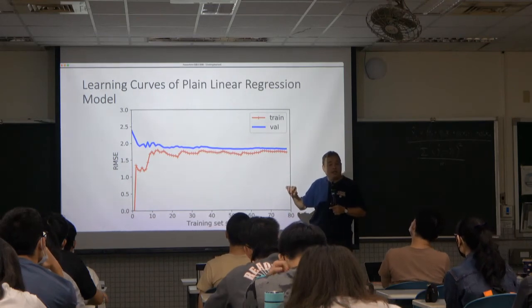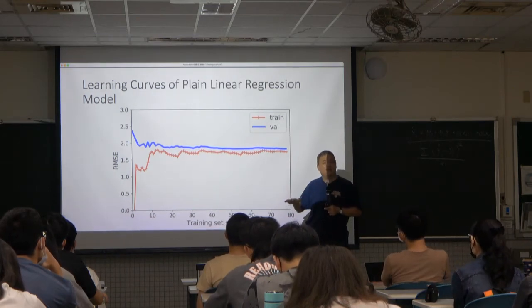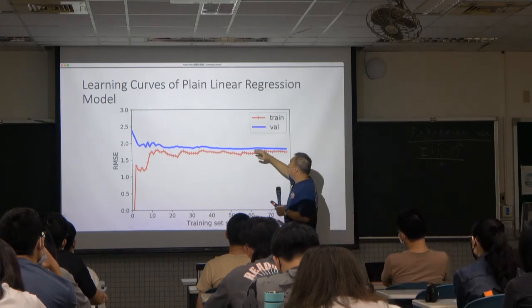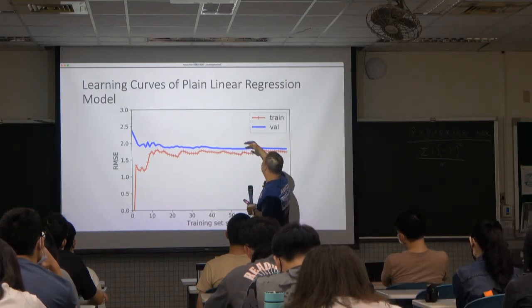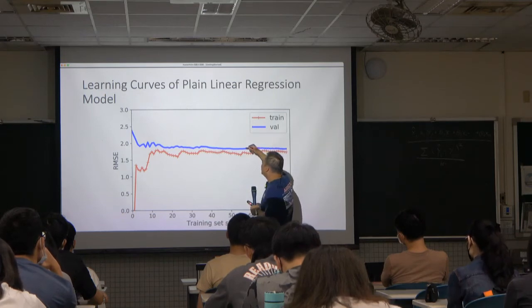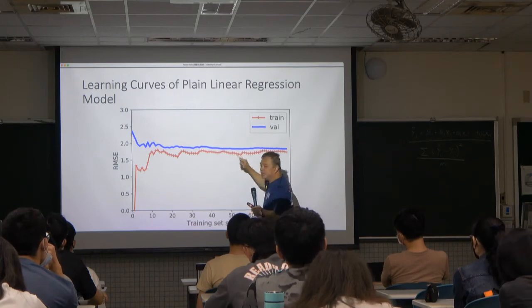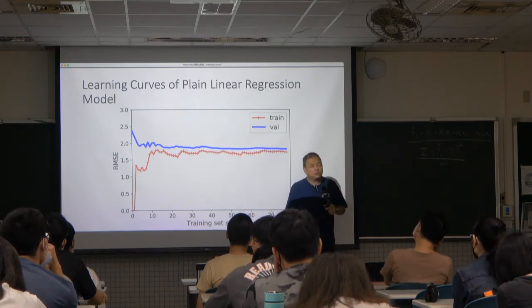In general, I'm not saying always, but in most cases, the error for the validation set should be slightly higher than the error you get for the training set, because you use the training set to train the model.